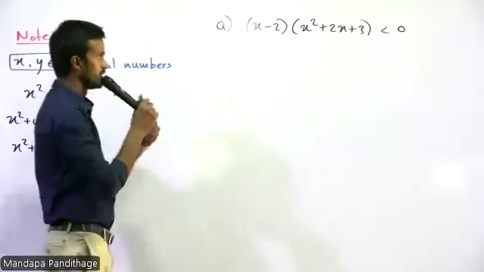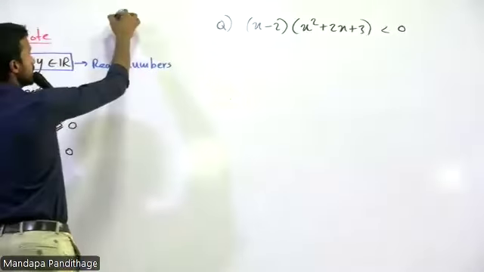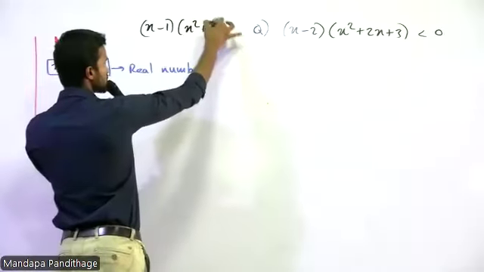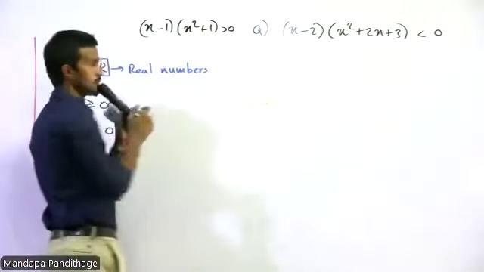Previously, we did a similar one in this way, x minus 1 times x squared plus 1. I told you in this case, based on this theory, you could have easily said that this is positive.